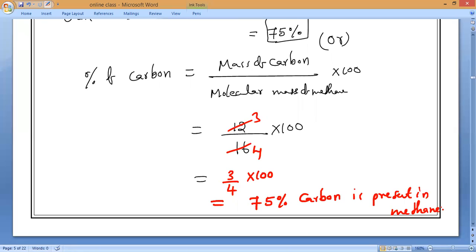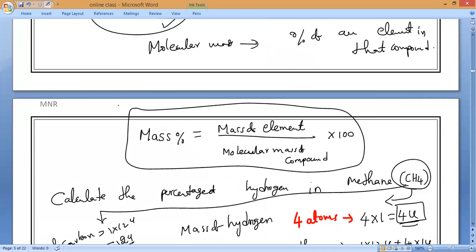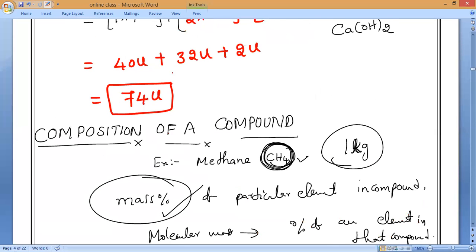Yes, sir. That is what you have to remember. Any doubt, anybody? Both are the same. This is what you have to do. Now, please make it. This is only chemical composition. Very, very important foundation for your 11th chemistry and all. Remember everybody, chemical composition or composition of a compound.